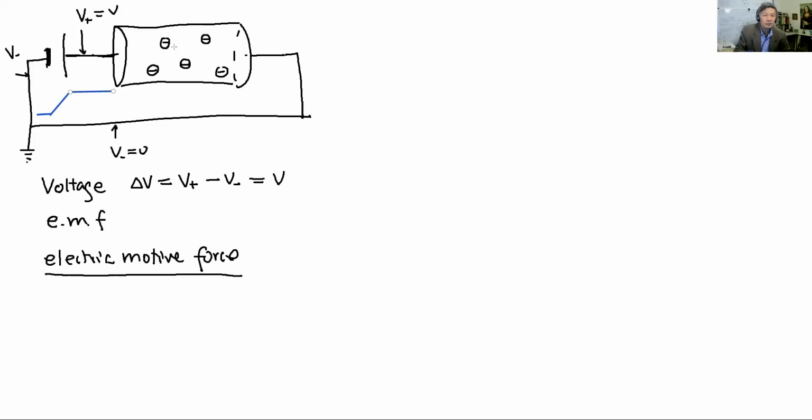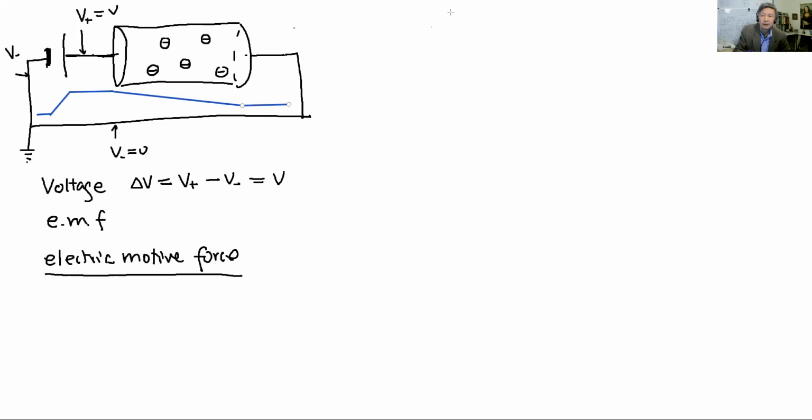But of course, if we just assume there's only one resistor here, the potential will drop when they cross that resistor, and then return to the lowest one, which would be 0, you agree? So that is how you draw this diagram, a diagram of potential.